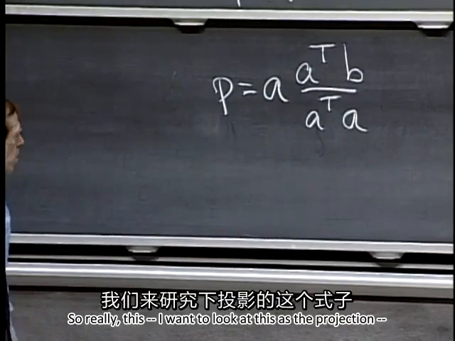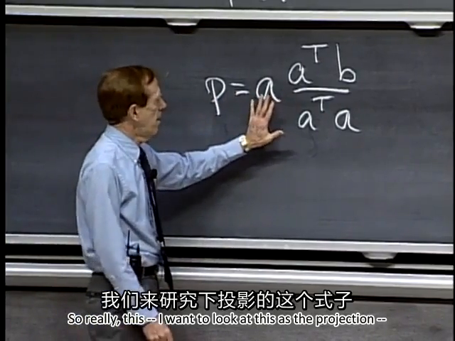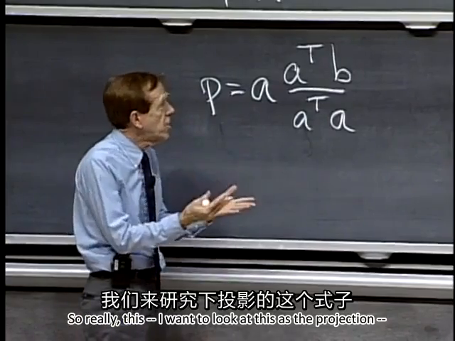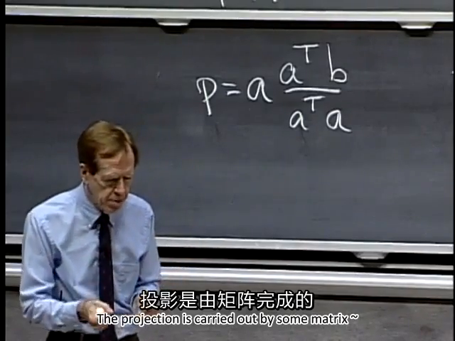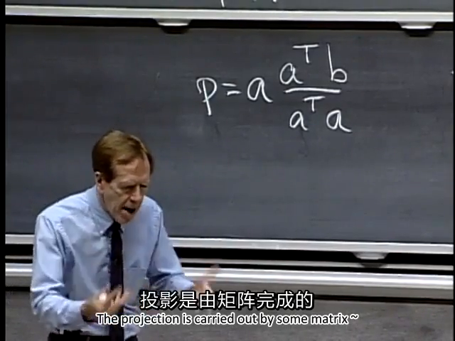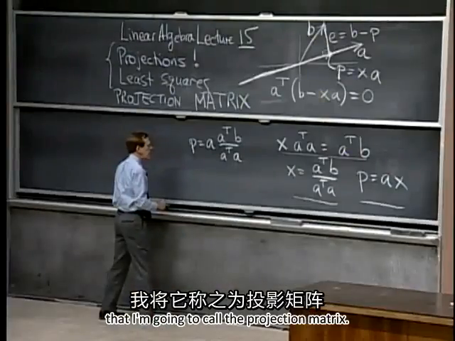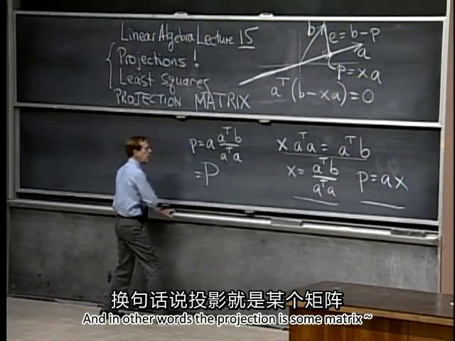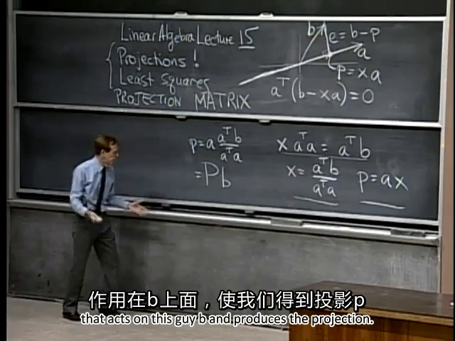Okay, so really, I want to look at this as the projection, there's a matrix here. The projection is carried out by some matrix that I'm going to call the projection matrix. In other words, the projection is some matrix that acts on this guy B and produces the projection.